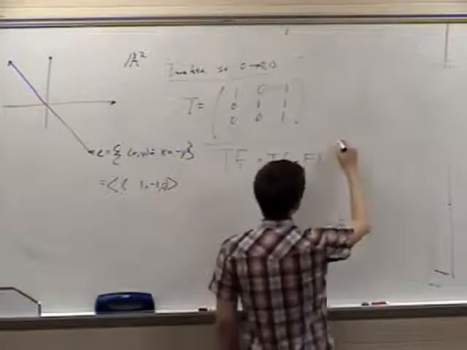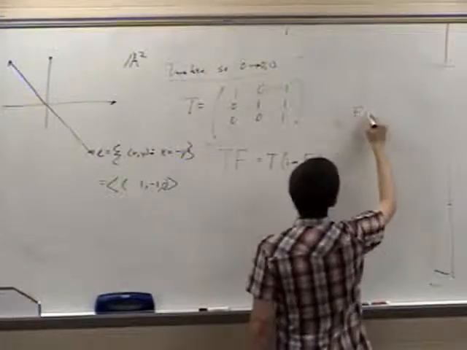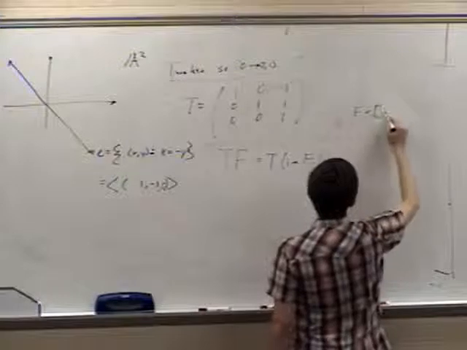Another way to say this is suppose that F is equal to the square brackets of P0, P1.